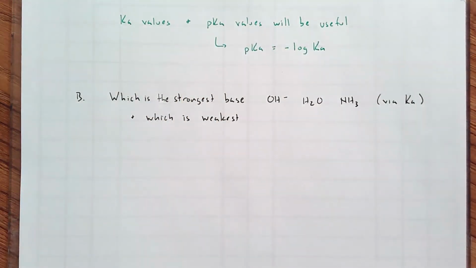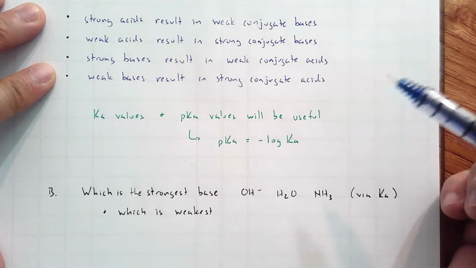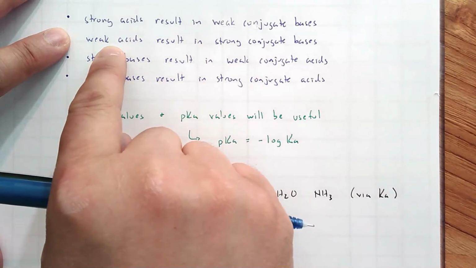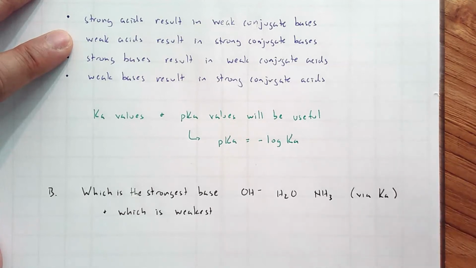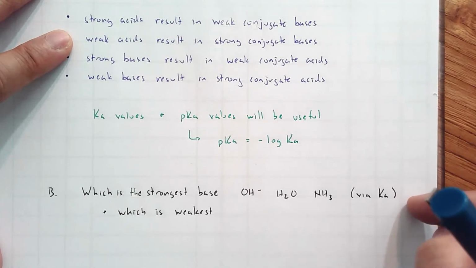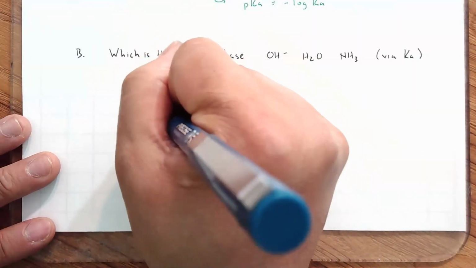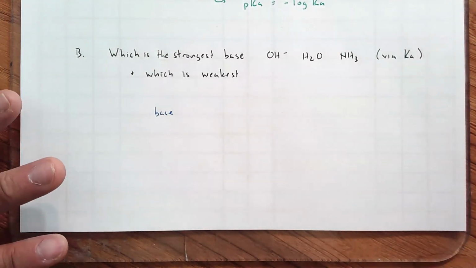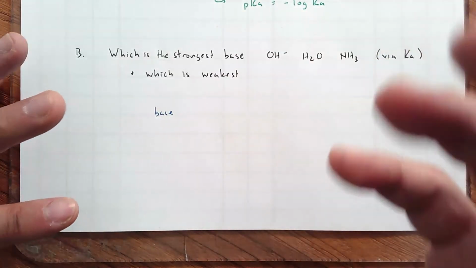Okay, now we're ready. If we're using these trends, the strongest base here is coming from the weakest acid. And we said we're going to use Kas, so we need the acids to match up with the Kas. When you're doing this problem, take the time to make sure you know which species are the bases that you have to order from strongest to weakest, and which species are the conjugate acids.